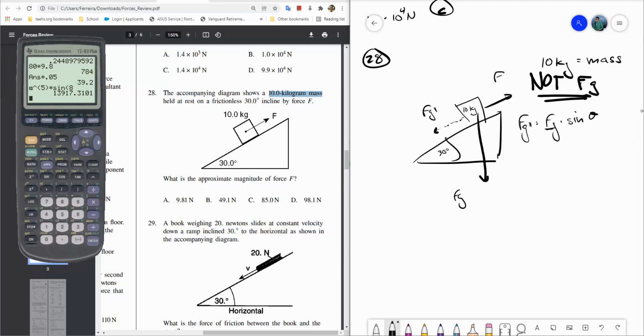So the force of gravity parallel is equal to Fg, or mass times gravity, times the sine of theta.